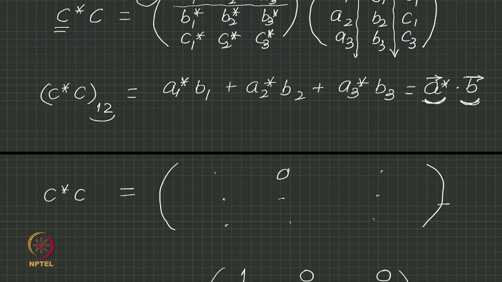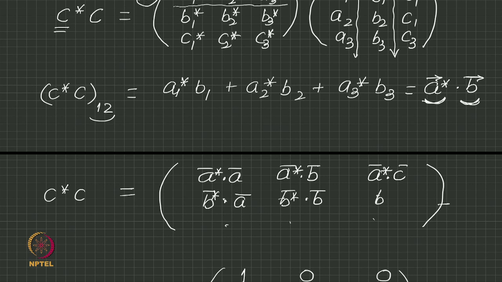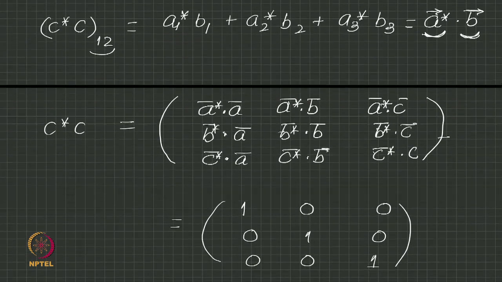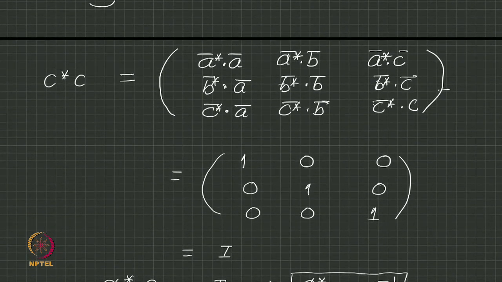The 1 2 term we worked out as A star dot B. The 1 3 term, if you work it out, will come out to be A star dot C. Similarly, this is A star dot A. Then you will have B star dot A, B star dot B, B star dot C, C star dot A, C star dot B and C star dot C. But then by definition of the dot products of real and reciprocal vectors, only the diagonal terms like A star dot A will be 1, the off diagonal terms will be 0, which means C star C is identity.